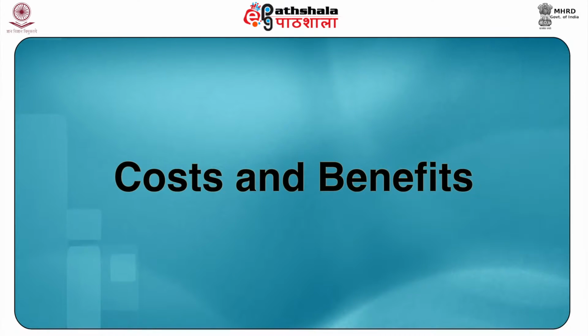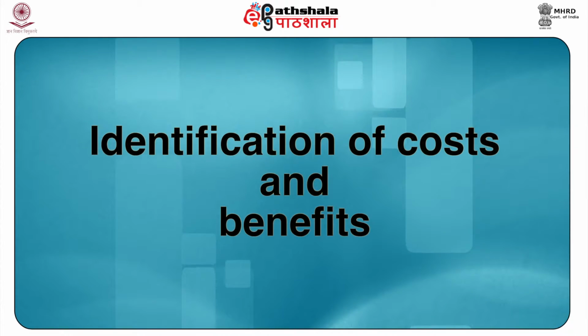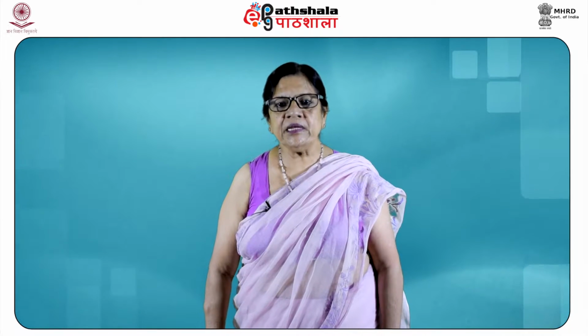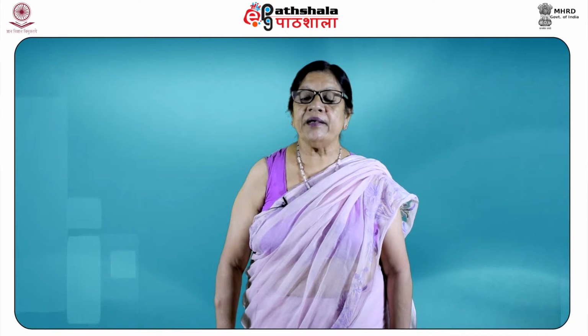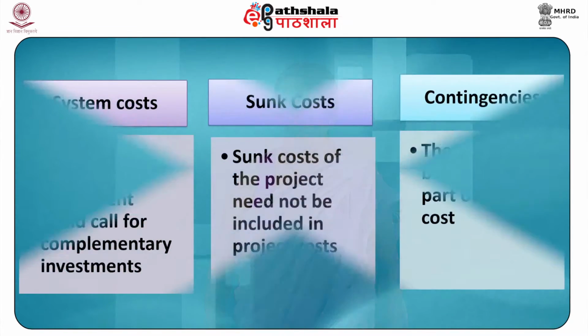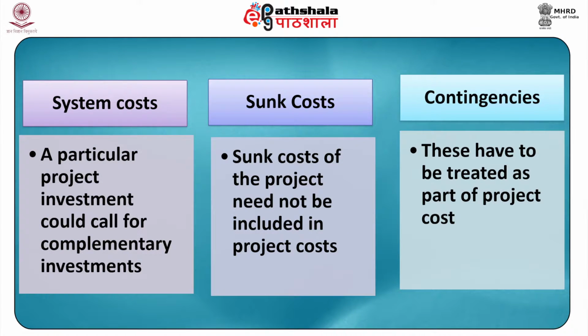Let's look at the costs and benefits. Identification of costs and benefits. The following need to be addressed while identifying costs and benefits. 1. System costs. A particular project investment could call for complementary investments.